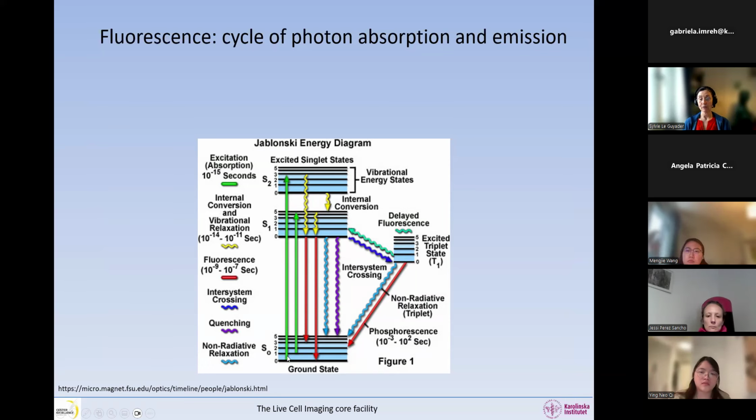And what happens, the fluorophore gets excited, and boom, it shoots up into this excited state, which is called the singlet state. Then it vibrates because of too much energy, so there's a loss of energy, a lot through heat, and the fluorophore goes into a different singlet state, which has a lower energy.